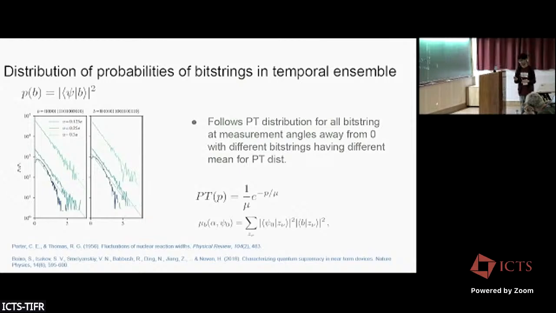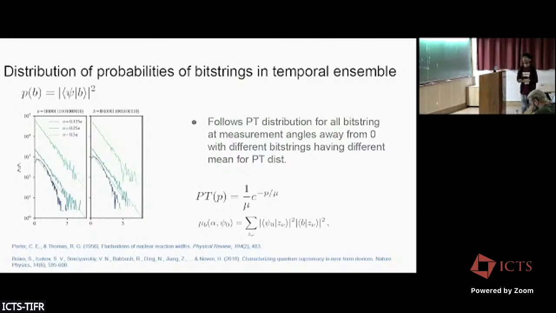You calculate the probability of getting each individual bit string, and then make a histogram out of them. And this is that histogram, in a semi-log plot. It turns out that this distribution follows a Porter-Thomas distribution, which is just an exponential distribution with a mean mu. This mu does depend on the measurement basis and the initial state that you choose.